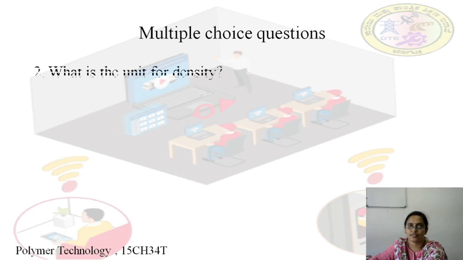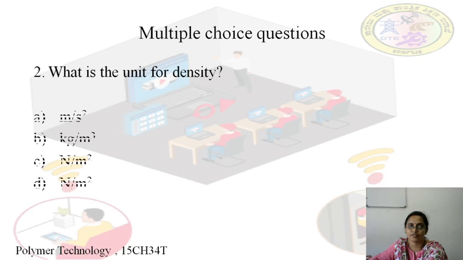Now coming to the second question, what is the unit for density? Options: meter per second squared, kilogram per meter cube, Newton per meter squared. The unit for density, the answer is kilogram per meter cube.